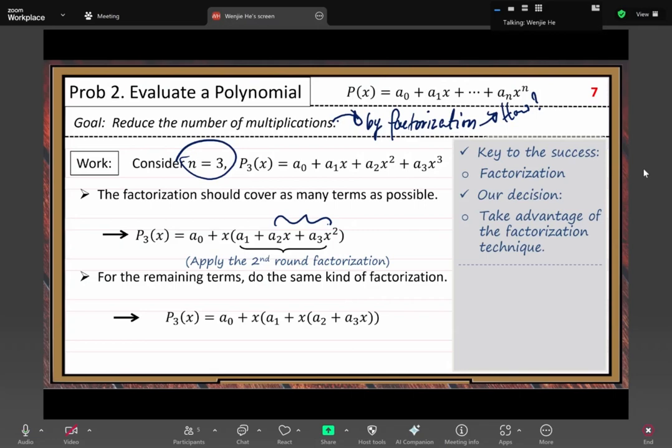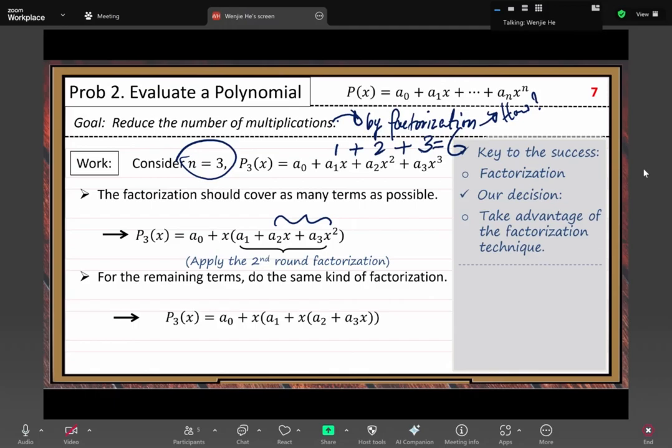Before factorization, this term contributes 1 to the total number of multiplications. This term, 2 multiplications. The last term, 3 multiplications. Adding together, the total number of multiplications is 6. Before factorization, we need a total of 6 multiplications to calculate this polynomial.